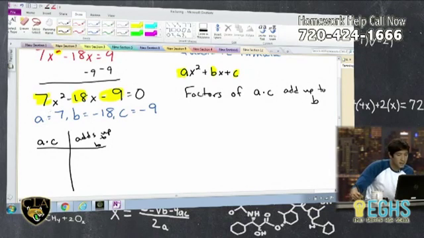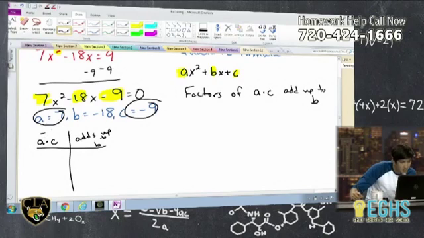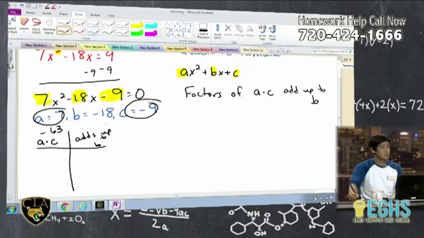So A times C in this case, A is 7, C is negative 9, so A times C is negative 63. So we want 2 numbers that multiply to give me negative 63 and then add up to negative 18. This is kind of a guess and check scenario, right?